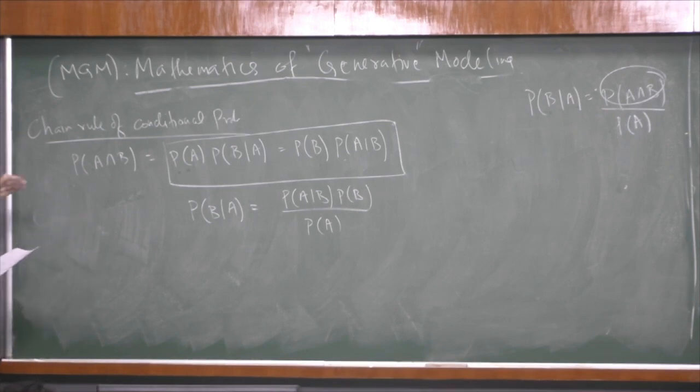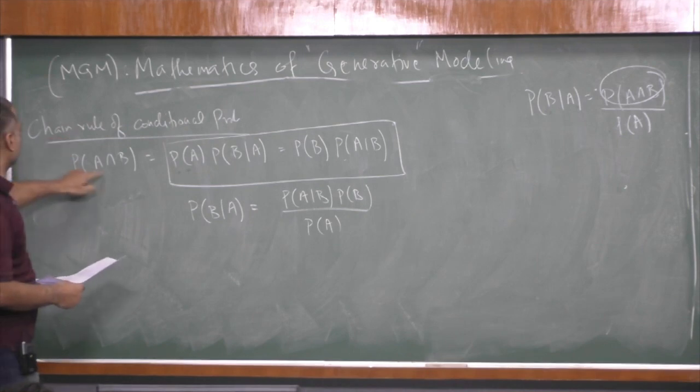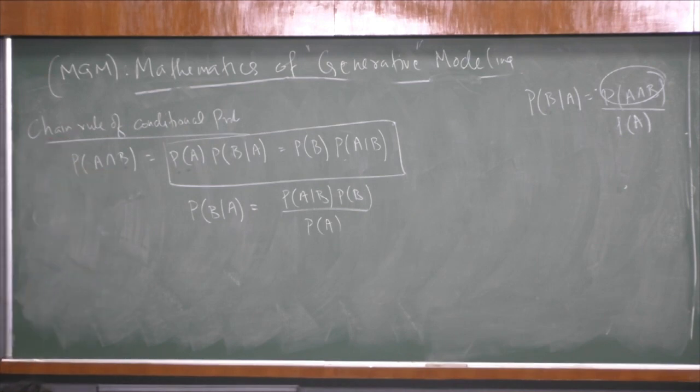So essentially the idea is to make it as a chain. In this case we did it for 2, but then we can generalize this further.